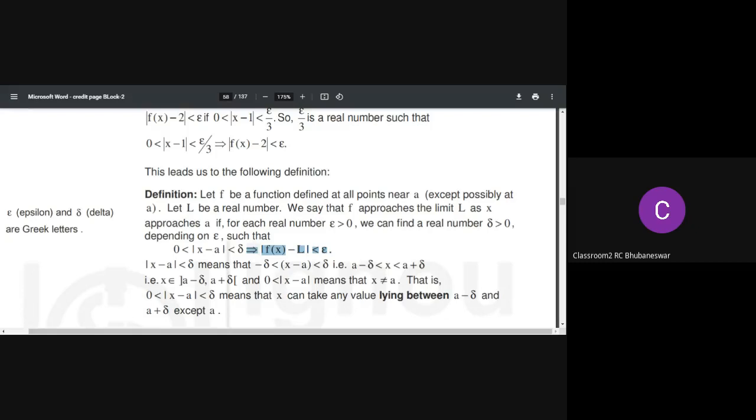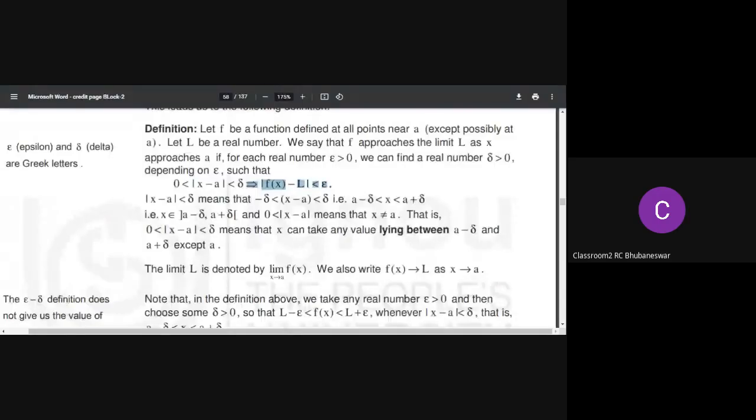And now, according to the property of inequality, we can also express this definition in the form of x minus a, or x lies in the open interval a minus delta to a plus delta, or we can also say that this is a neighborhood of the point a.